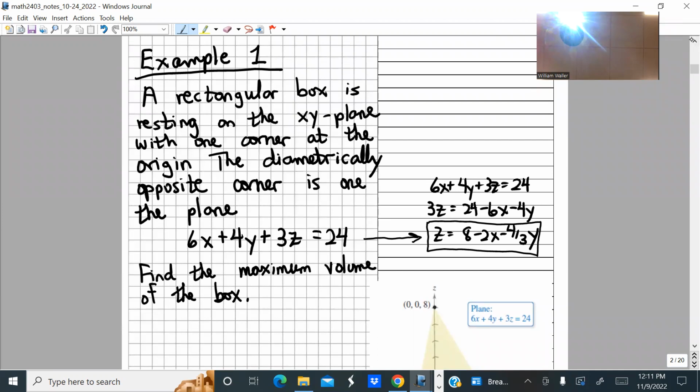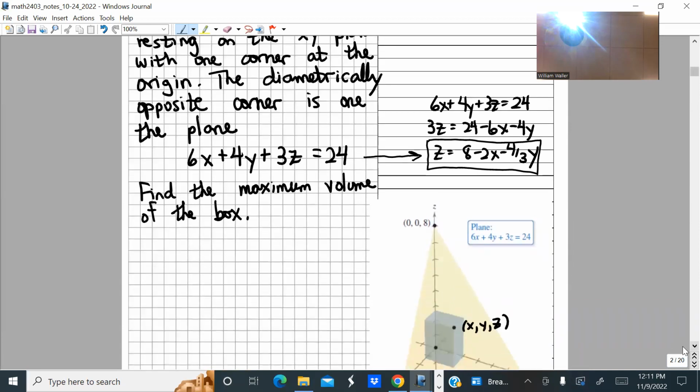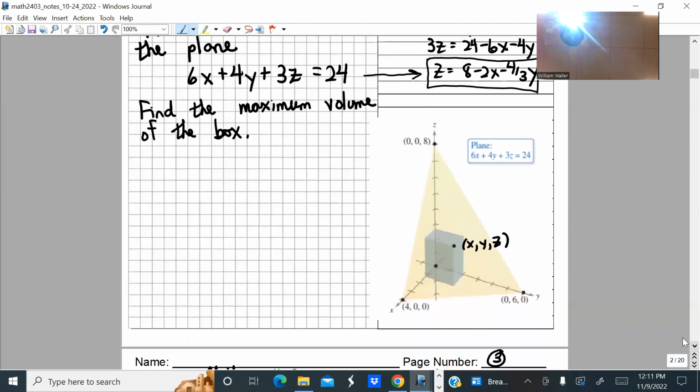It says a rectangular box is resting on the xy plane, and one corner of the box is at the origin, and the diametrically opposite corner is on the plane with this equation. So you really need to see a picture of that to understand it. So here's the picture of it. So we have a box.